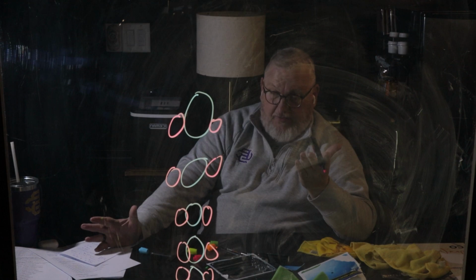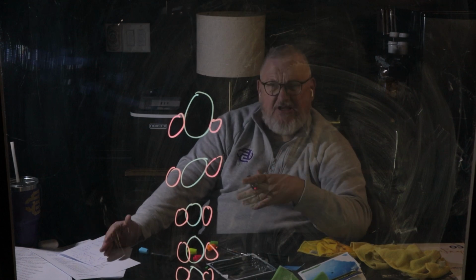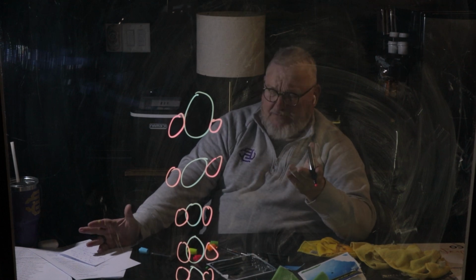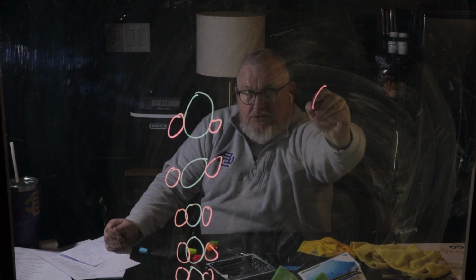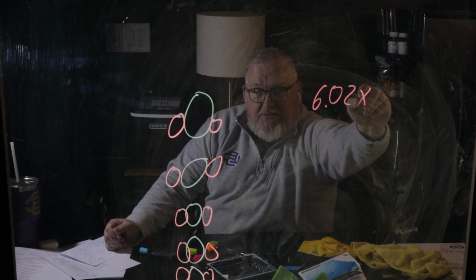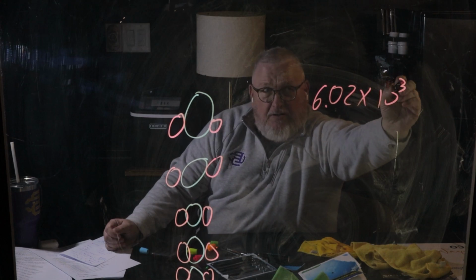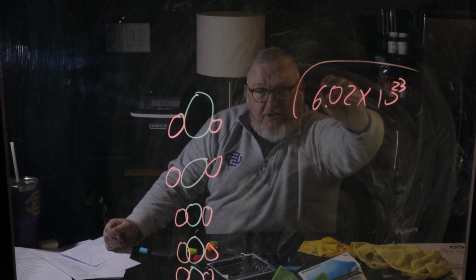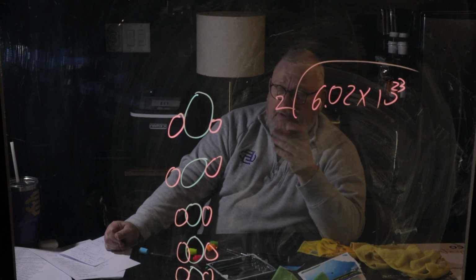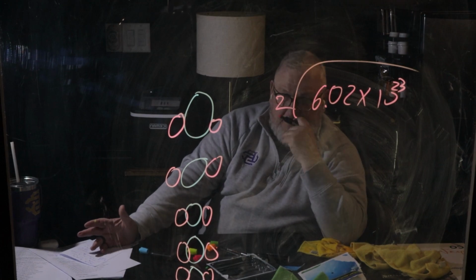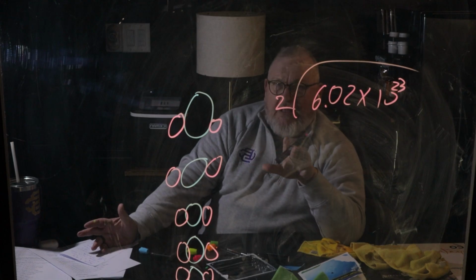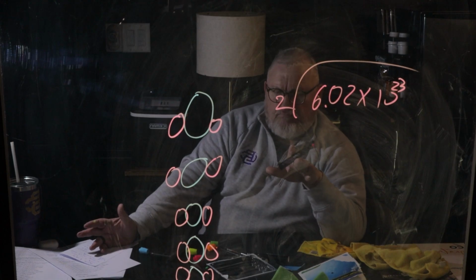If a dozen is 12, then half a dozen is 6. So I'm dividing by 2, cutting it in half. What would half a mole be? 6.02 times 10 to the 23rd divided by 2. That'd be 3.01 times 10 to the 23rd if you use your calculator. So that would be half a mole.